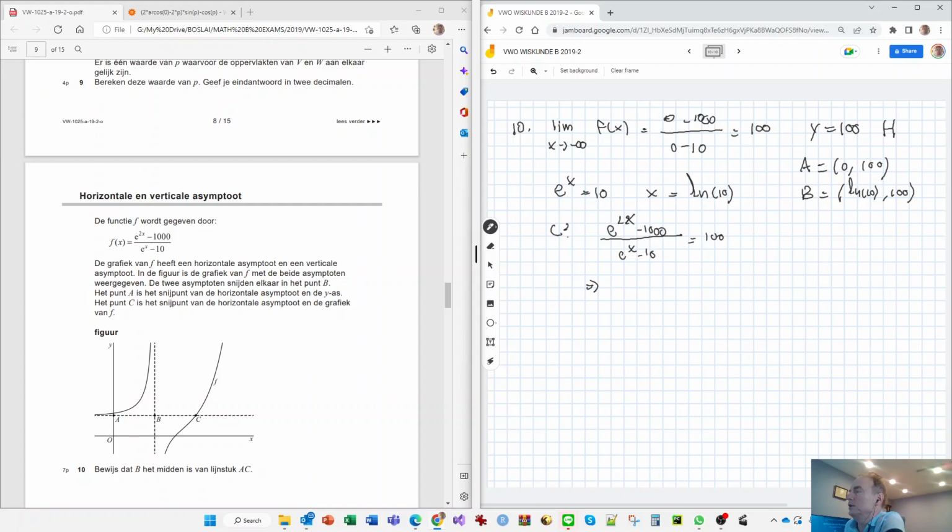So we get e to the power 2x minus 1000 is 100 times e to the power x minus 10.